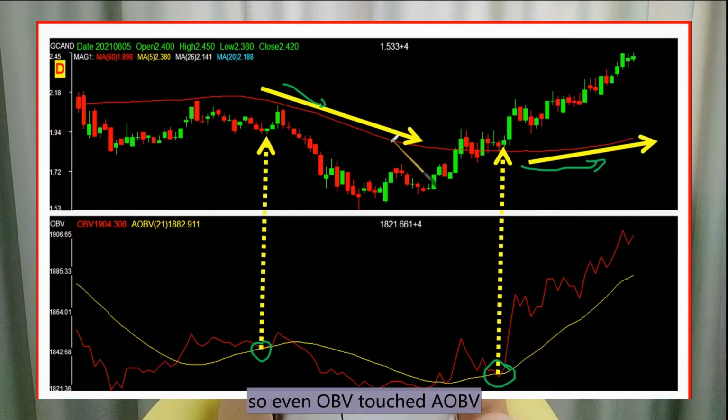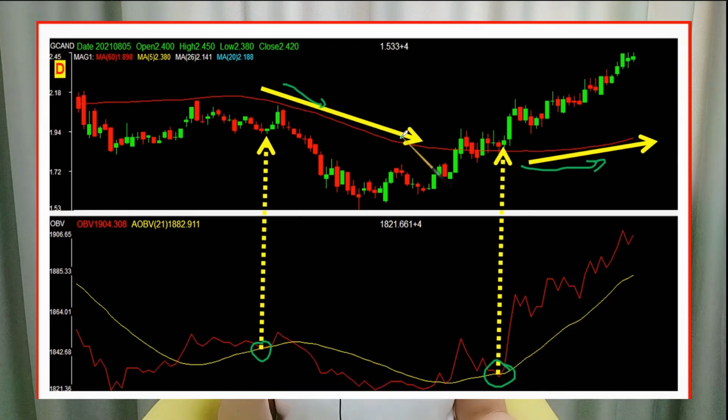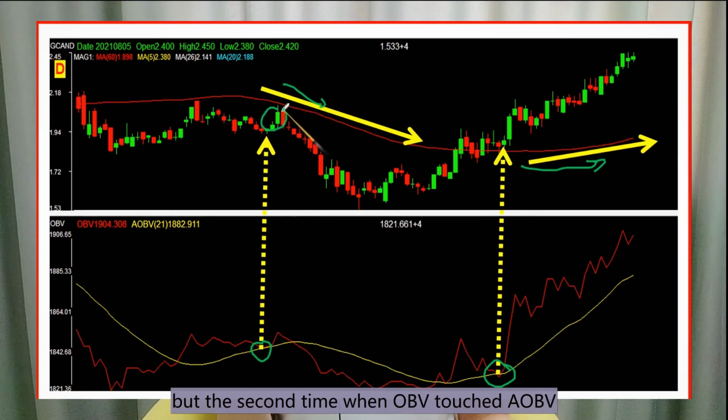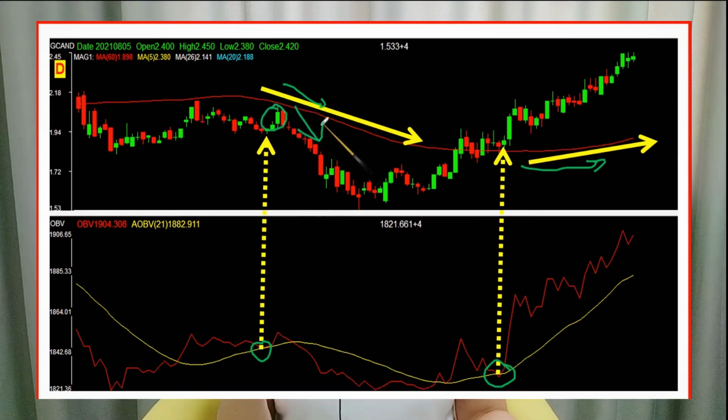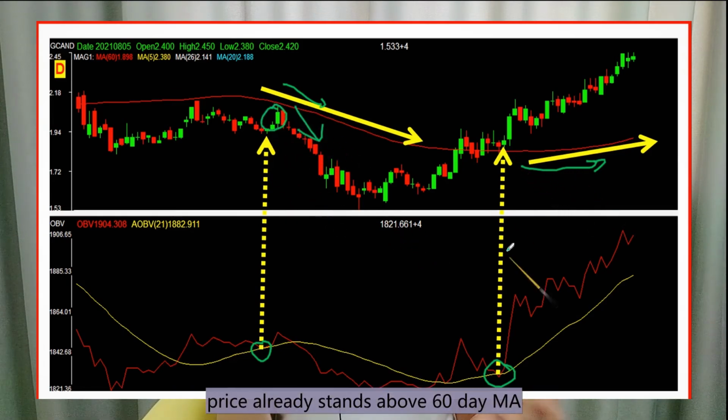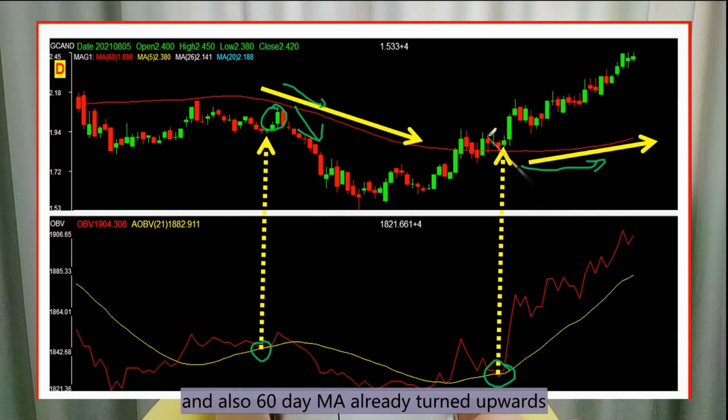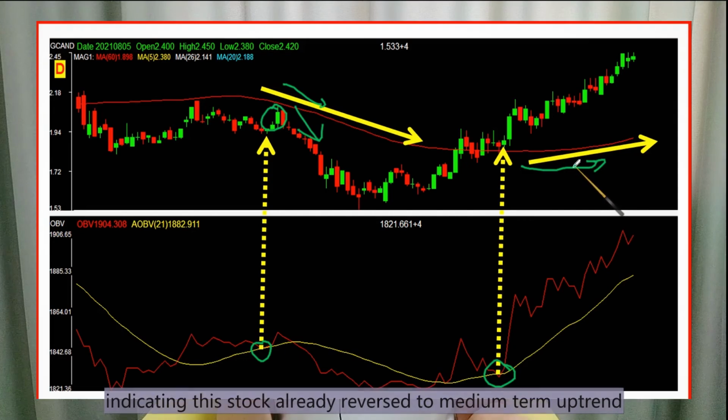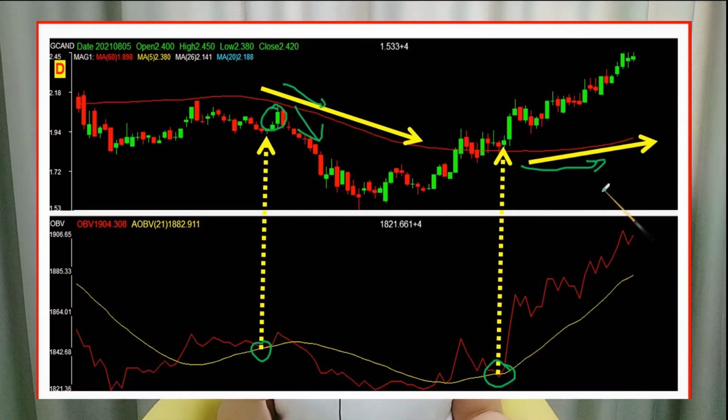So even if OBV touched AOBV, it's only a short-term rebound. But the second time, when OBV touched AOBV and turned upwards, price already stands above the 60-day MA and the 60-day MA already turned upwards, indicating this stock already reversed to a medium-term uptrend.